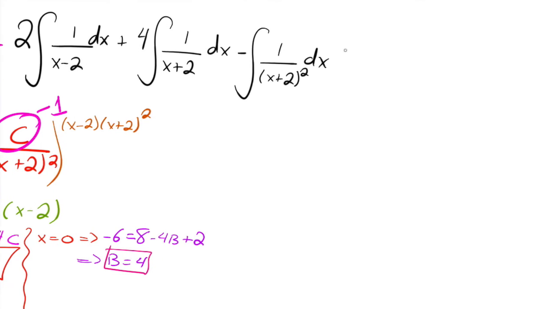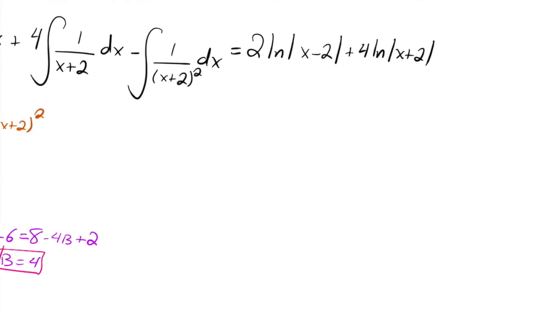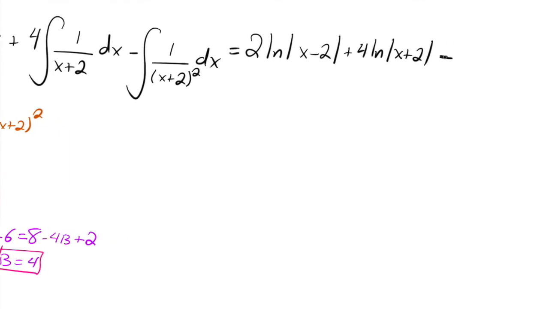Okay, so now I just have those three integrals to find. And just like in the previous problems, this one is easy. I just have 2 natural log of the absolute value of x minus 2, and then plus 4 natural log of the absolute value of x plus 2, and then minus, actually this ends up being plus 1 over x plus 2.